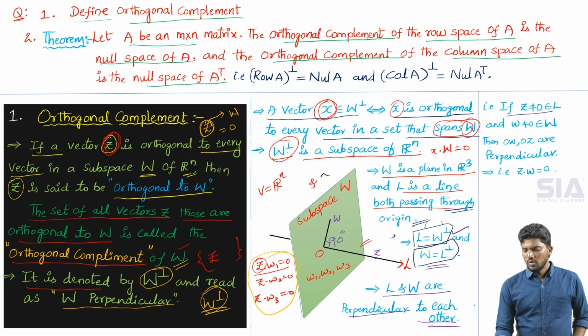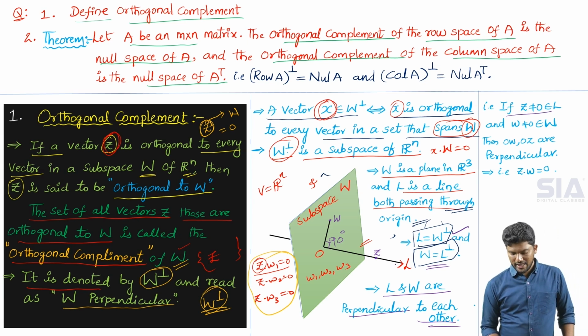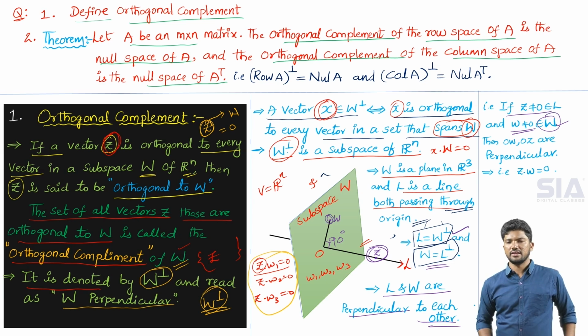If small z not equal to 0 belongs to capital L, on the line capital L there is a vector z, that is denoted with small z, a non-zero vector, and small w not equal to 0 belongs to capital W. In the subspace capital W there is a vector small w, which is also a non-zero vector.